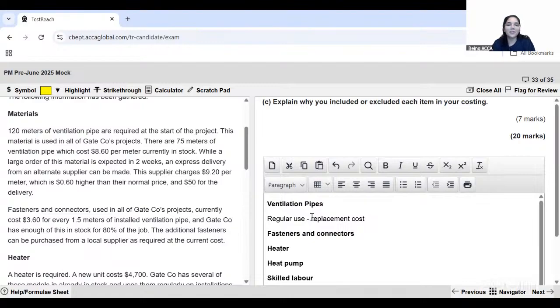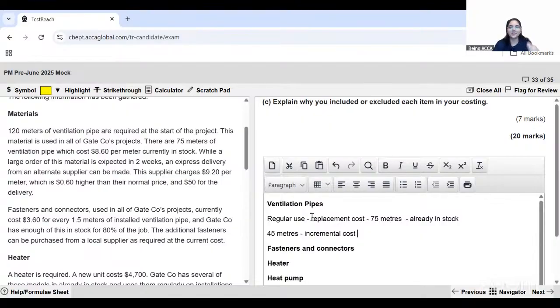So something which we already have in stock, 75 meters that were already in stock, we have used the replacement cost for that. And for the extra 45 meters that we needed more, we had to take the incremental cost, something extra which we were only spending because of this.